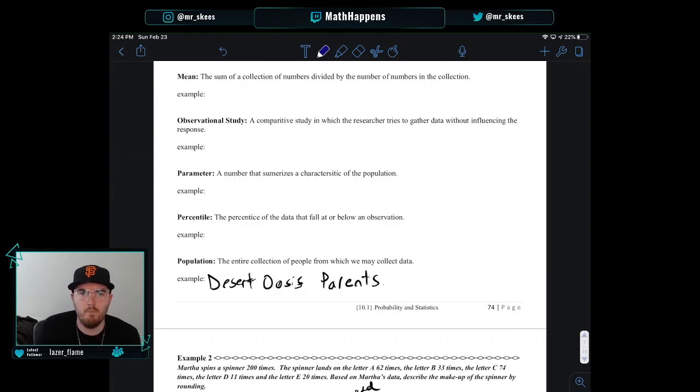They could not possibly talk to every single parent. That would be very difficult to get in contact with them. So how about they tried their hardest at Desert Oasis? So the population has now become the entire school district, and the sample all of a sudden is us at Desert Oasis. So it depends on what the study is.